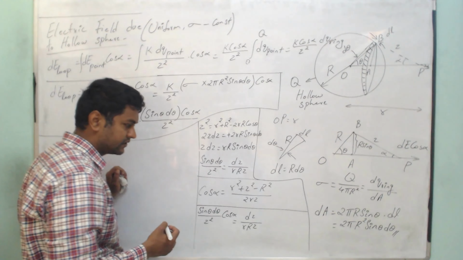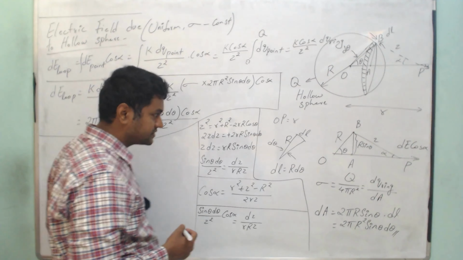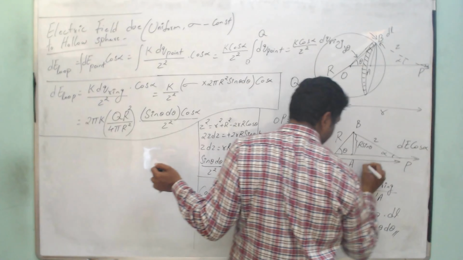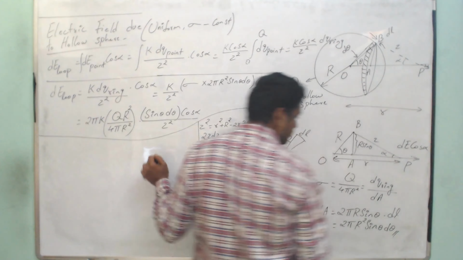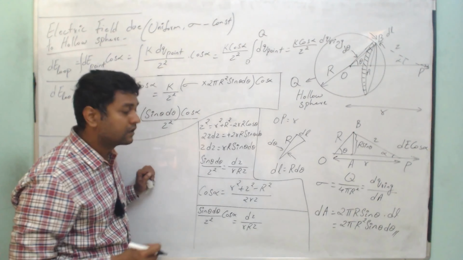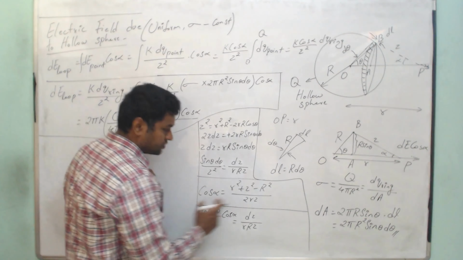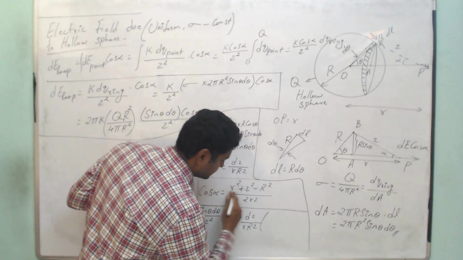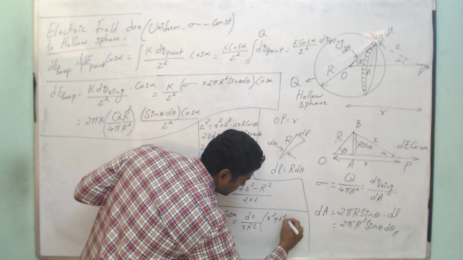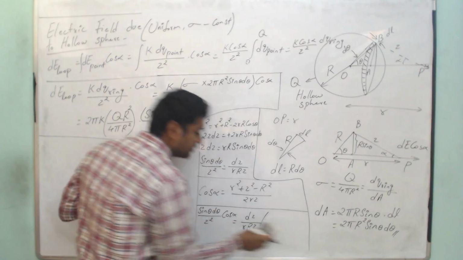Then what did you take as the distance of OP? OP is smaller. Cos alpha, what will I substitute? r square plus z square minus, or let me write it in a different way.